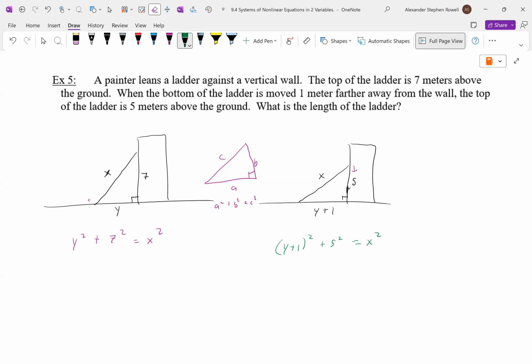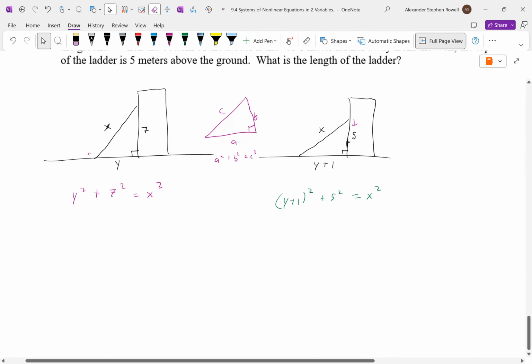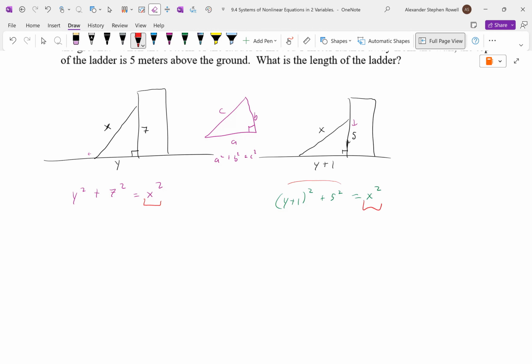plus 5 squared. Do you want to use substitution or elimination? These are both solved for x squared already, so they're the same. We can set these equal to each other. We can say y squared plus 49 is equal to (y plus 1) squared plus 25. And solve the equation for y.